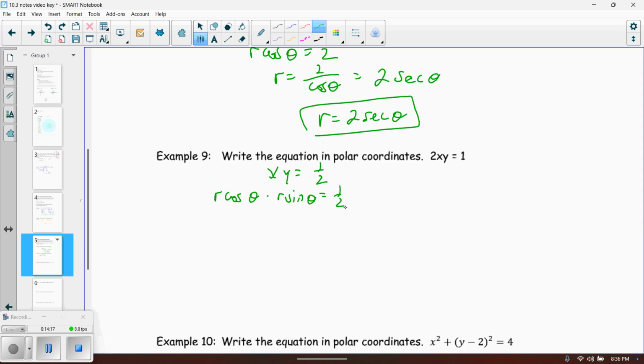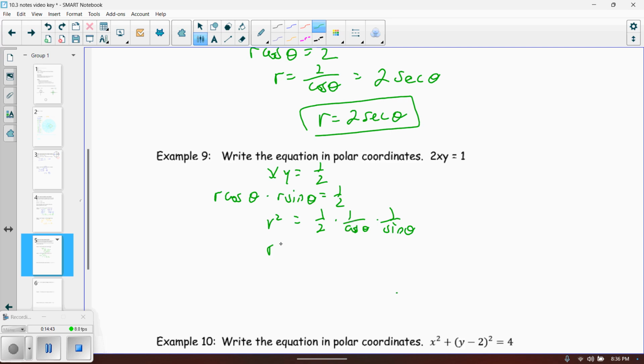And again, I'm trying to solve for r. So multiplying all this stuff together, you're going to get r squared times cosine times sine, but I need to get rid of those. So let's divide both sides by cosine and sine. So we'll get times 1 over cosine times 1 over sine. That's dividing both sides by cosine and sine. I wrote it like that for a reason. It'll just be easier to see what's going to happen.